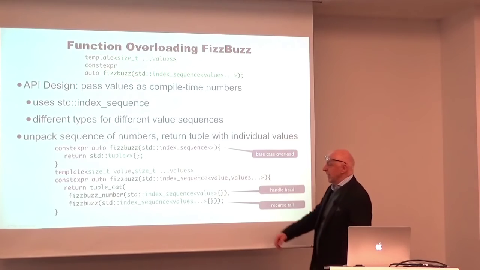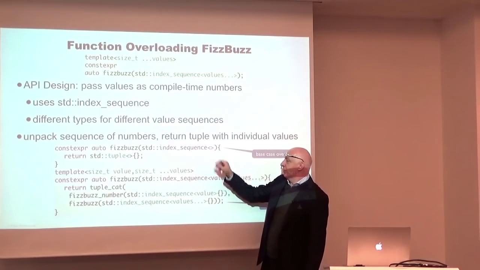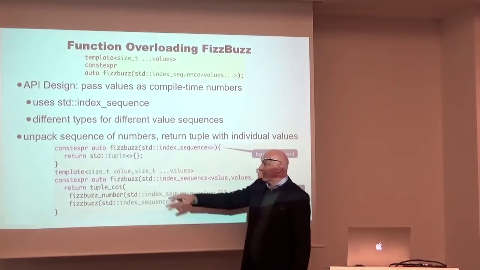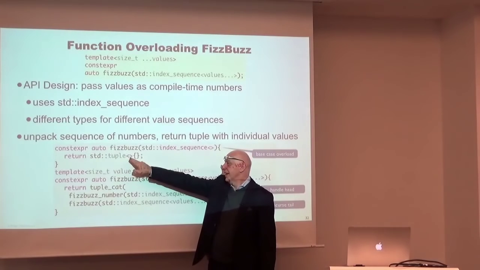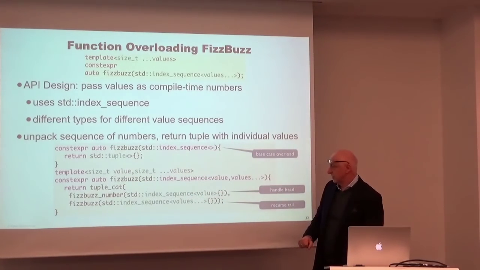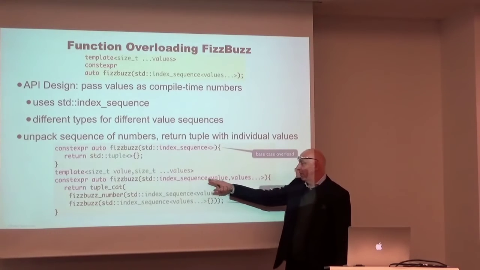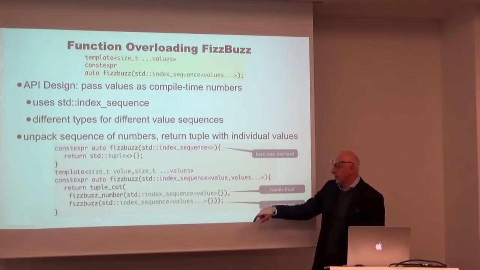And how do we implement it? Again, we provide a base case overload for an empty index sequence, and I've selected to use tuples. You see why I explained tuple to you. An empty tuple if the index sequence is empty. If I have a list of values in the index sequence, I cut off the first value and take the remainder.